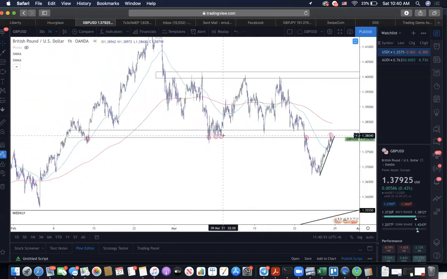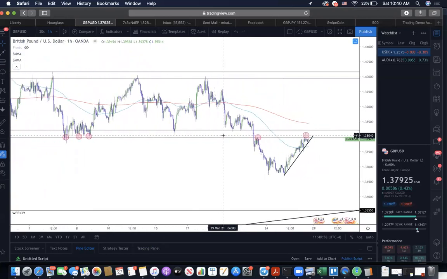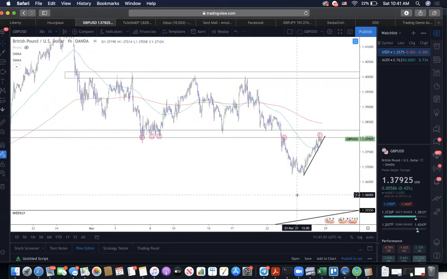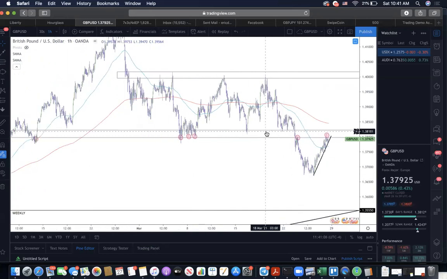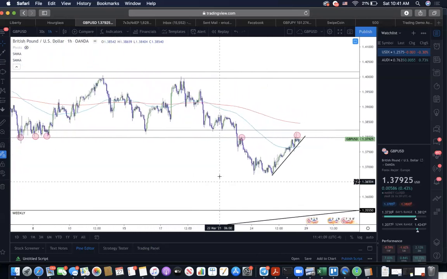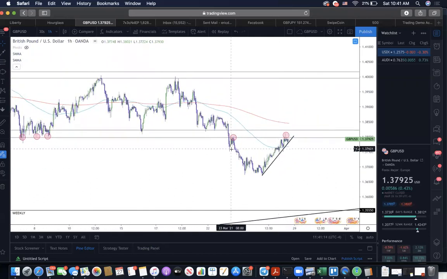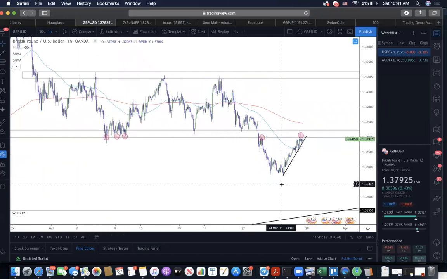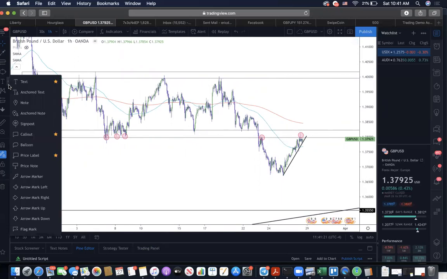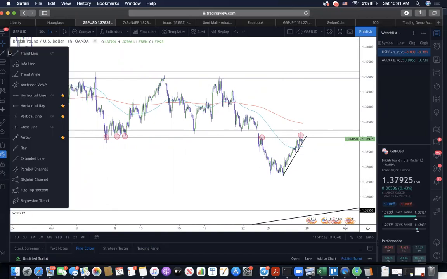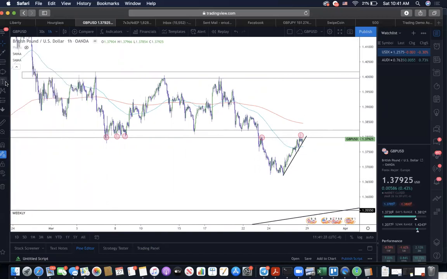So GU, like I said, is going to be what I watch because it straight up destroyed this demand zone that was holding. I'm curious to see how it's going to react. I have seen it where price broke areas of liquidity.